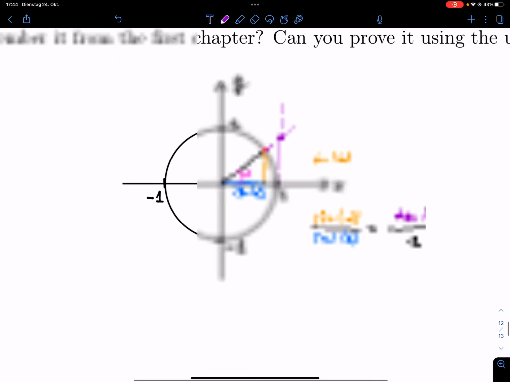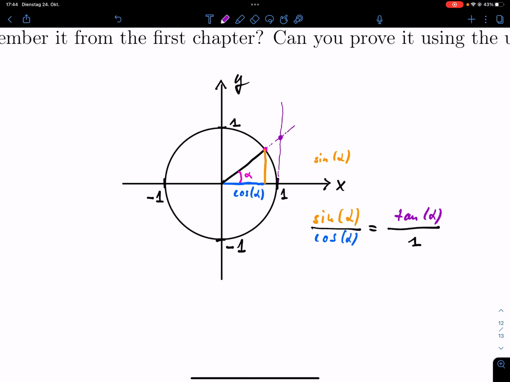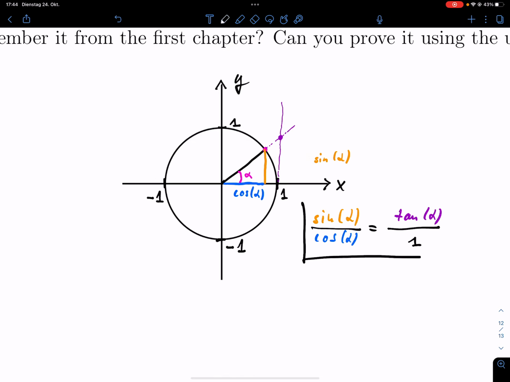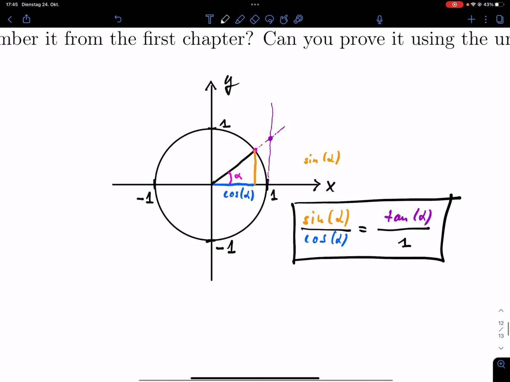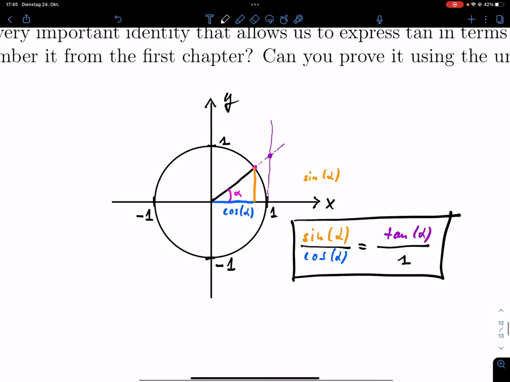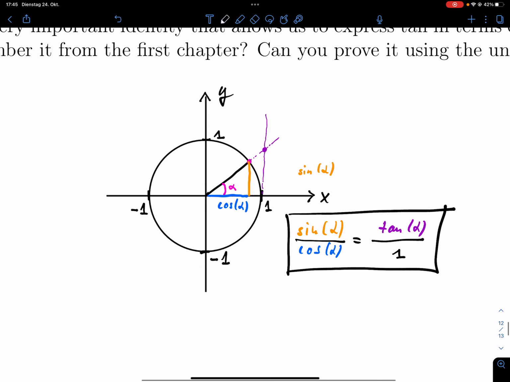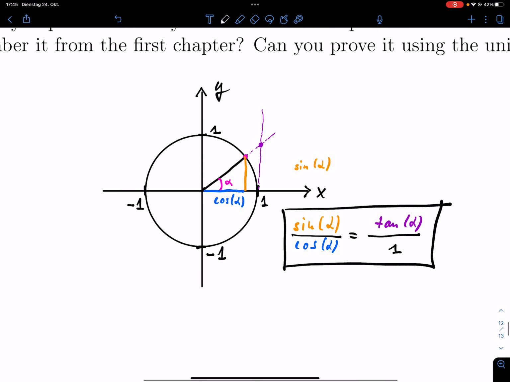And this is how you rediscover this identity in the unit circle, or what the relationship is to the unit circle. What you just need to remember really is that sine divided by cosine is tangent, because you use that a lot. There are a lot of tangent tricks that you can do if you have sine and cosine in equations. You see that in the exercises that we solve in the lessons.